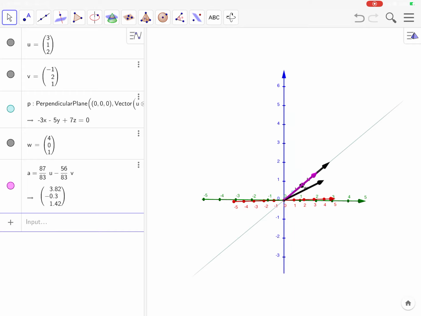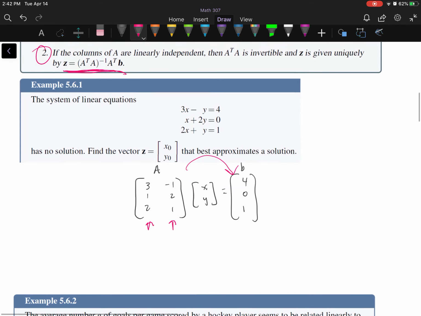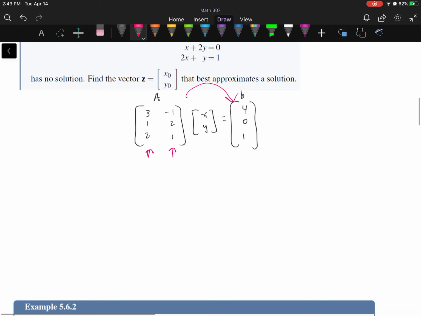And so this matrix equation does not have a solution, but we can get a best approximation to what that would be. In order to get there, we would multiply A transpose on the left-hand side both times.